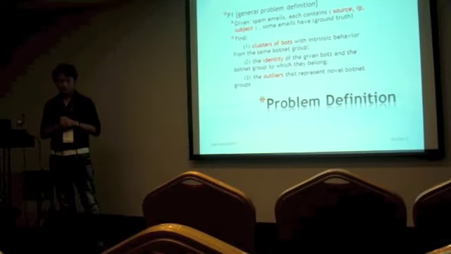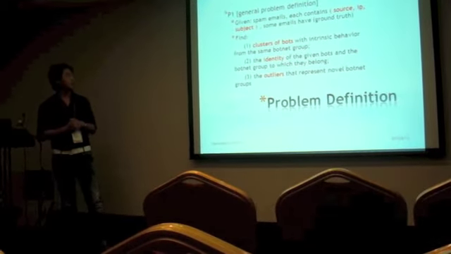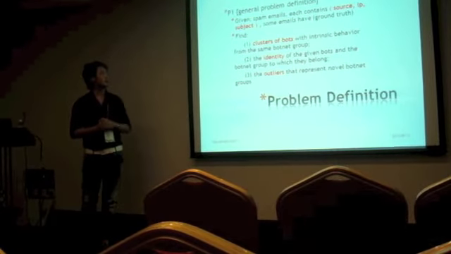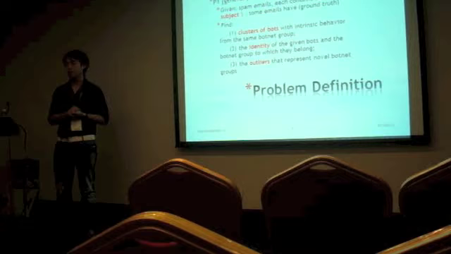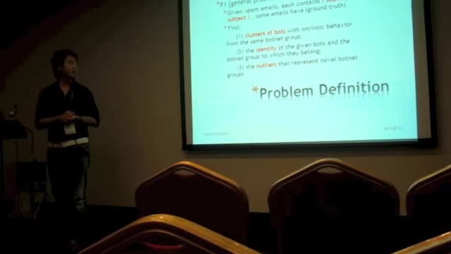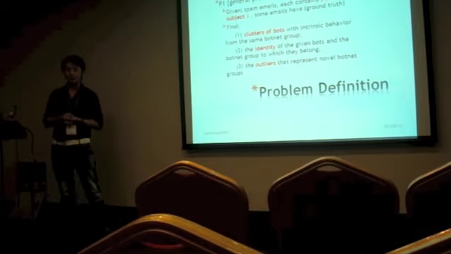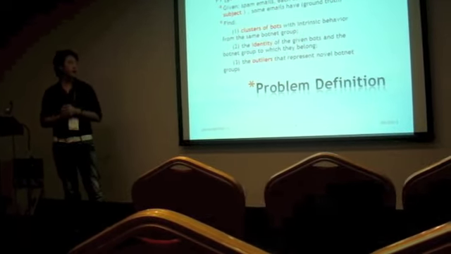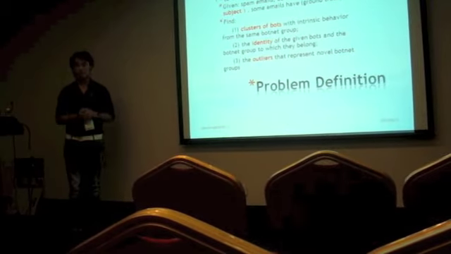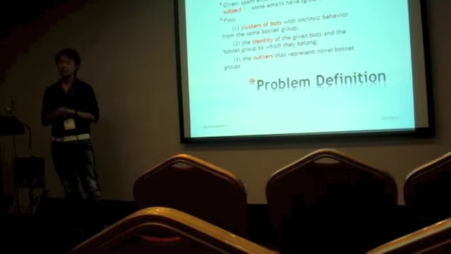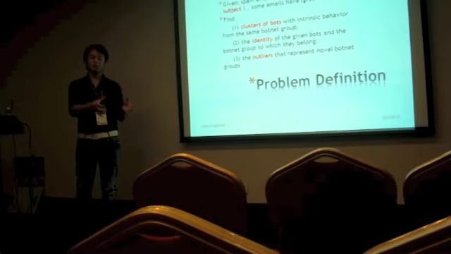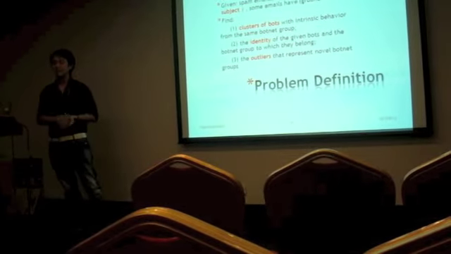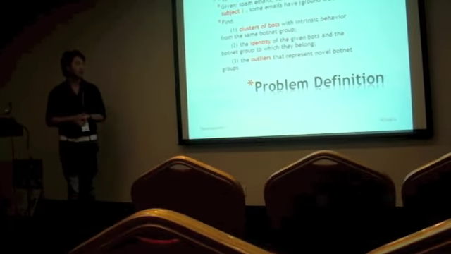The problem definition for this work is that we are given spam emails containing only two pieces of information, the source IP and the subject, and some emails have been labeled by information security experts. We want to find three things. The first is the class of bots, because we want to know which bot delivers some kind of information, and another maybe sells medicine or drugs and so on.